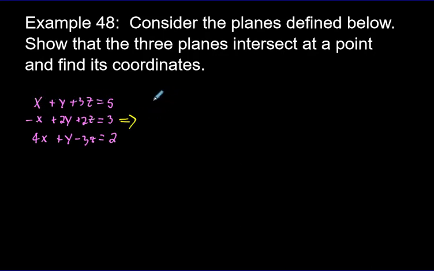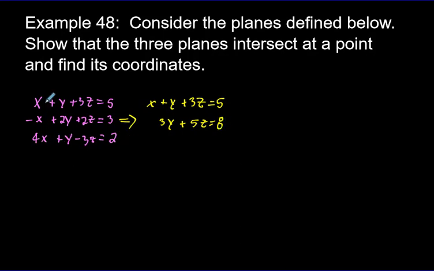I'm going to keep the first equation the same: x plus y plus 3z equals 5. I get a new equation by adding the first two together. The x's cancel, I'll get 3y, and adding these together, I get 5z and 8.